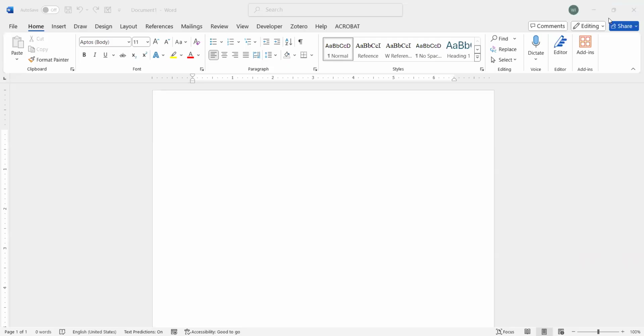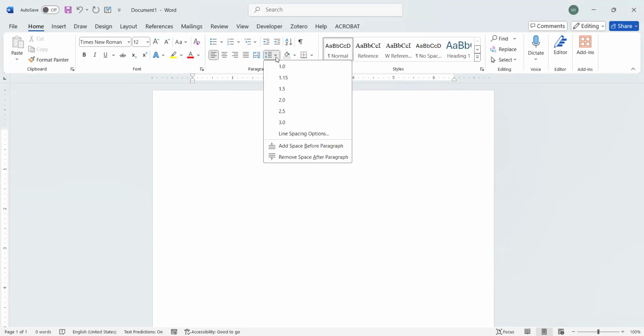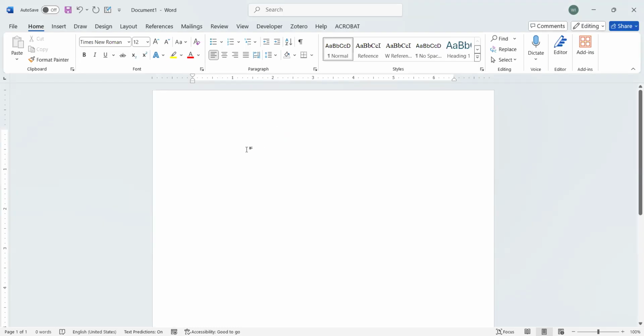The standard is Times New Roman, font 12, and then spacing is 1.15. Then let's imagine that you are doing something on church planting.